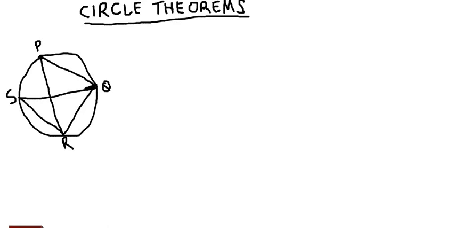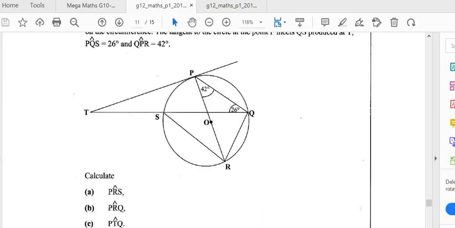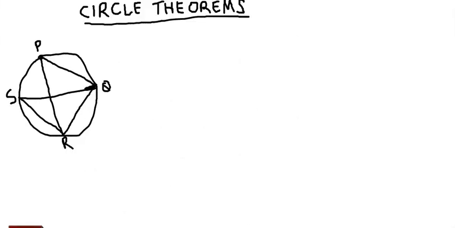The information that we have in the question is that there is a 42 degrees at P and 26 degrees at Q with the center O. So the center O is here. Okay.